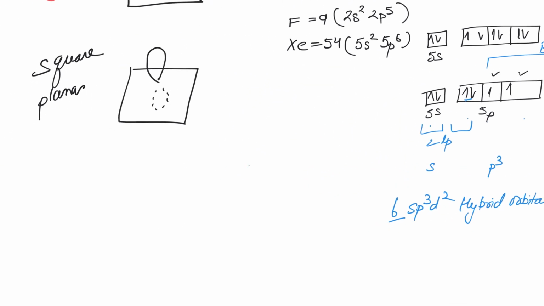So, this actually works in our favor, exactly what we want. So, we have F, F, F, F, right, and then we have the lone pair above and below, right.